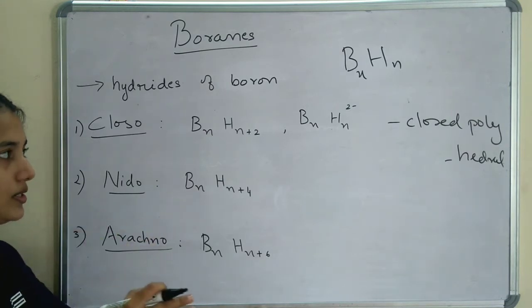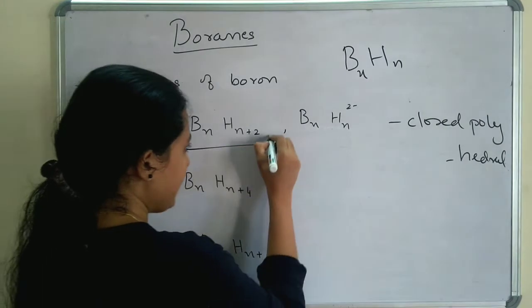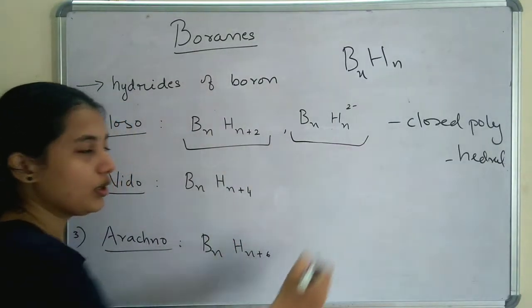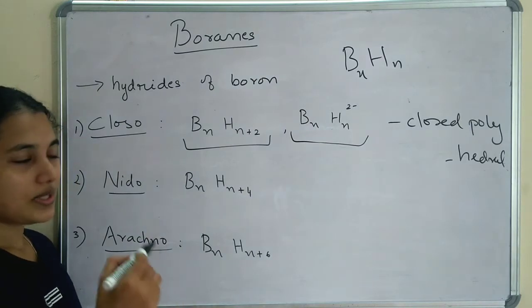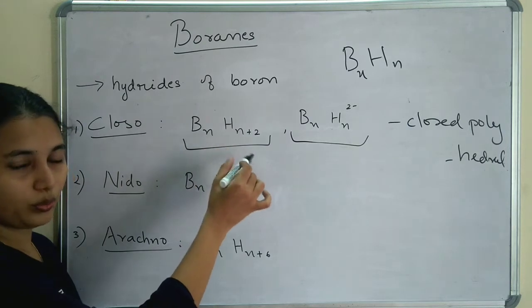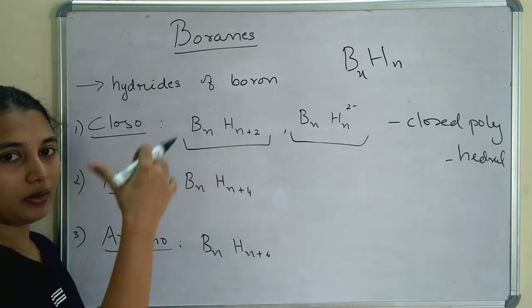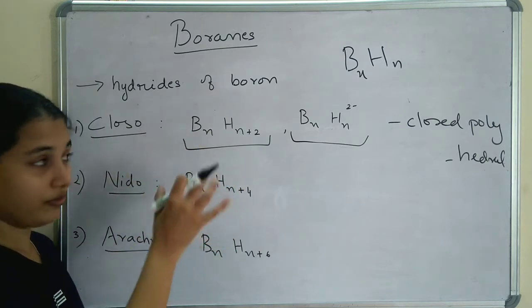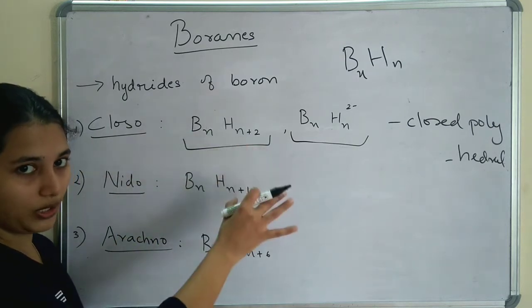The general formula is BnHn+2 or BnHn 2-. By using this formula, we can conclude that the given structure is closo.